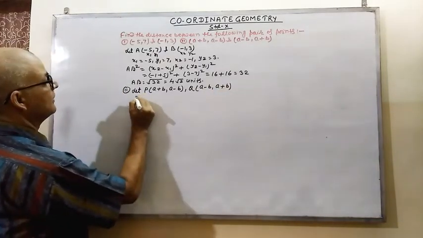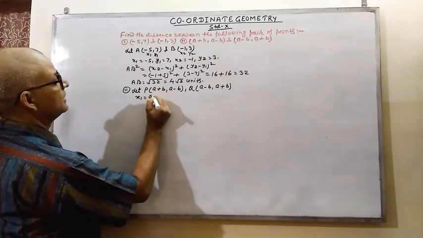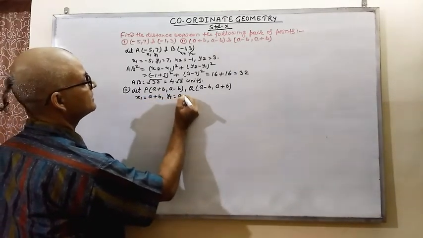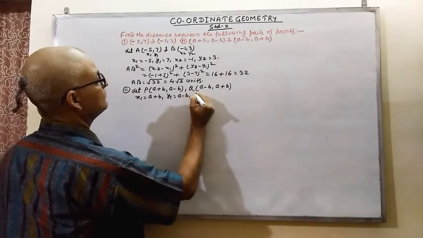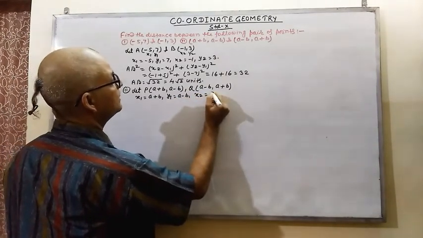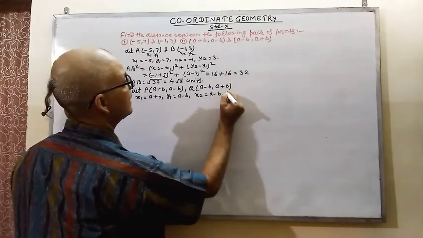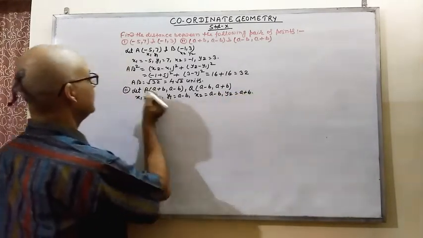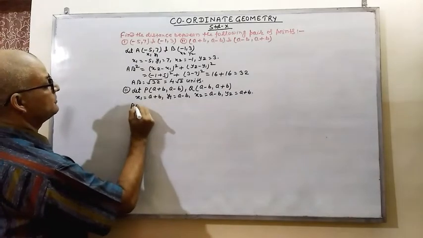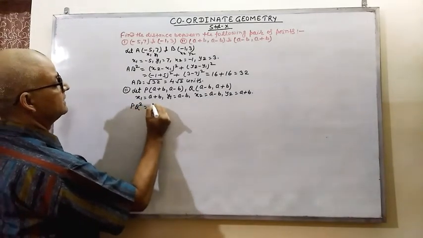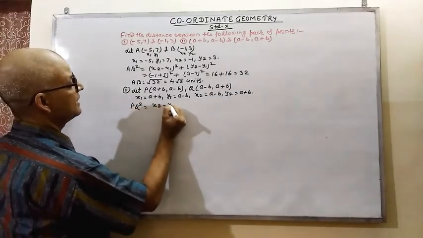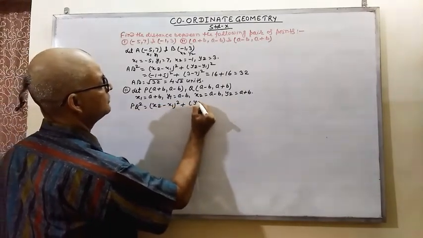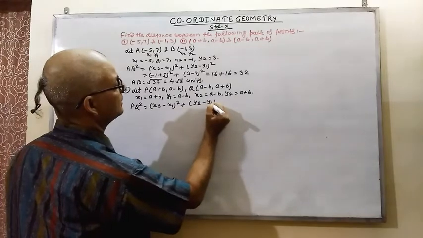Now here x1 is equal to a plus b, y1 is equal to a minus b, x2 is equal to a minus b, and y2 is equal to a plus b. Again, first you will find out PQ square, that is x2 minus x1 whole square plus y2 minus y1 whole square.